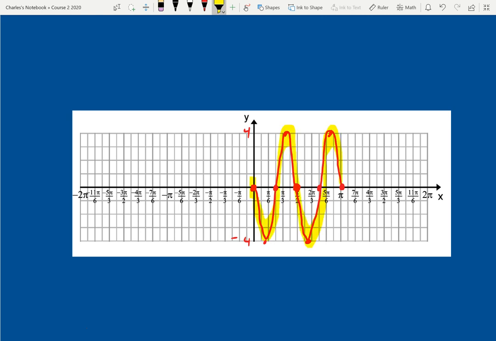So this is a sine or cosine. I would say this is a sine. Positive or negative? I would say negative because it's going down and not up.